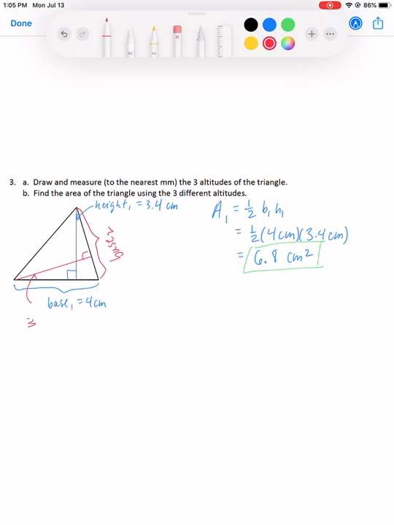Here. That's height 2. So base 2 and height 2. Now these have measurements. Okay, so this base is 3.6 centimeters. And the height is going to be 3.8 centimeters.